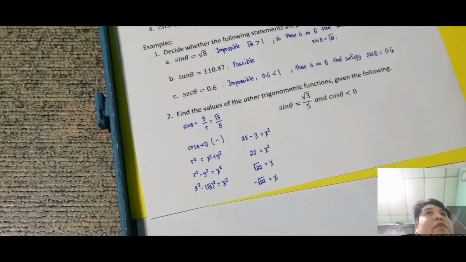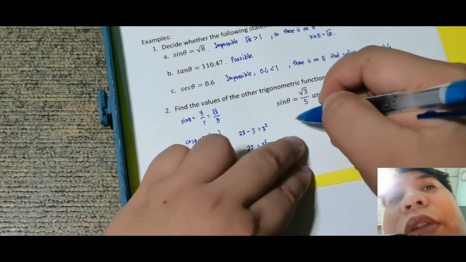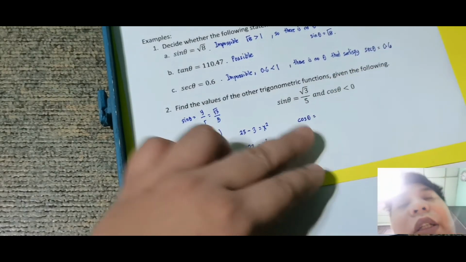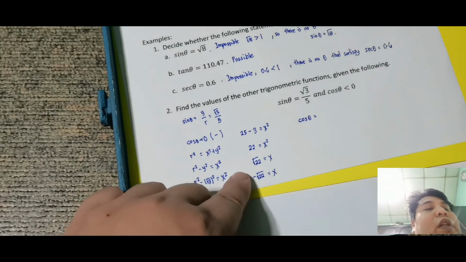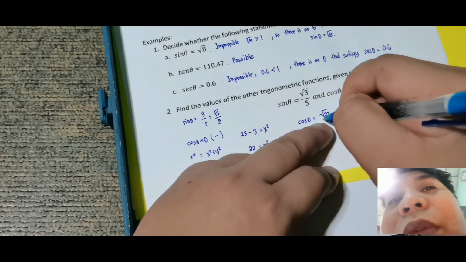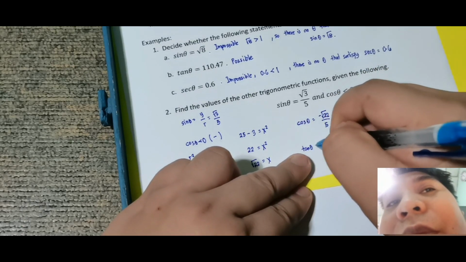Okay, so check natin. Ito na yung gagawin. So, meron tayong sin theta. So, sulat ko si cosine theta. Since si cosine theta is x over r, so that is negative square root of 22 over 5. Sulat ko si tangent theta.